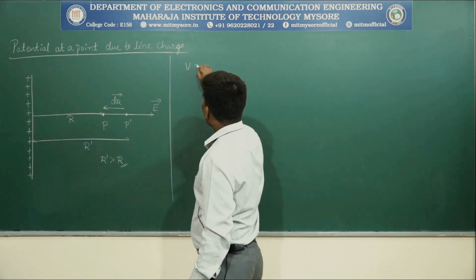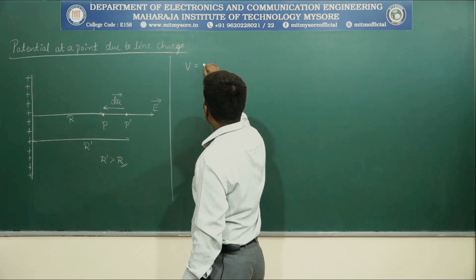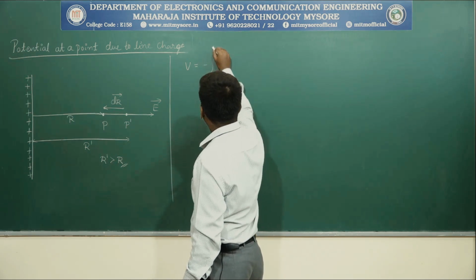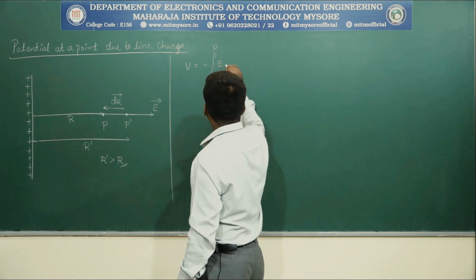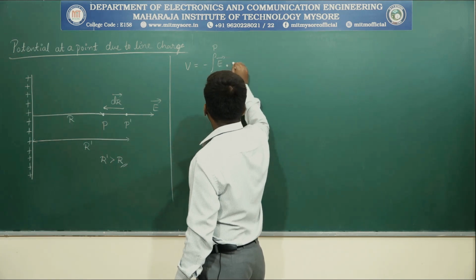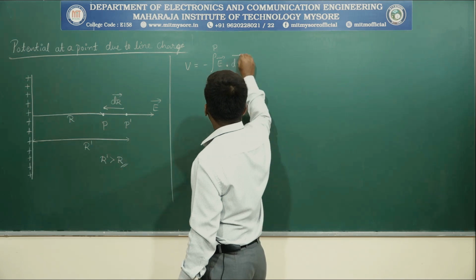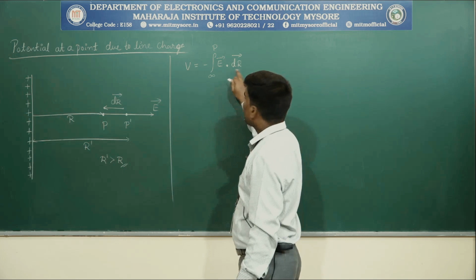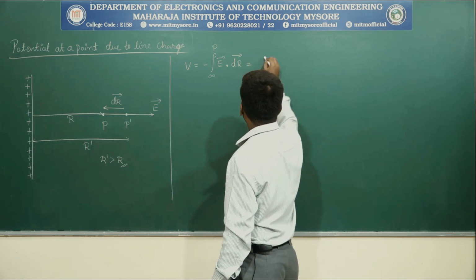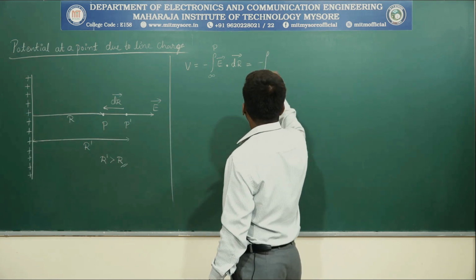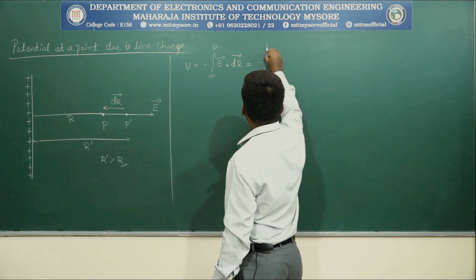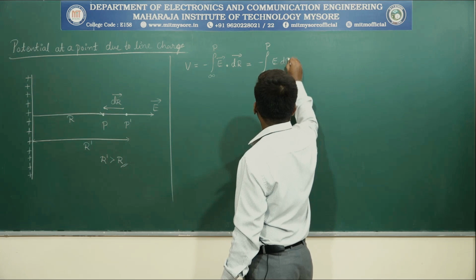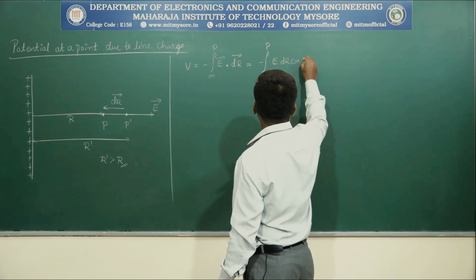Then potential V is equal to minus integral from infinity to P of E dot dr. Instead of dl we have used the symbol dr. If I resolve this dot product, this becomes the integral from infinity to P of E dr cos theta.